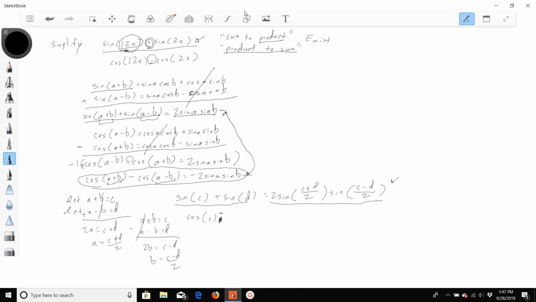Cosine of a plus b minus cosine of a minus b, which we defined to be d, is equal to -2 sine of c plus d over 2 sine of c minus d over 2. And this formula is what we're going to use for that denominator.